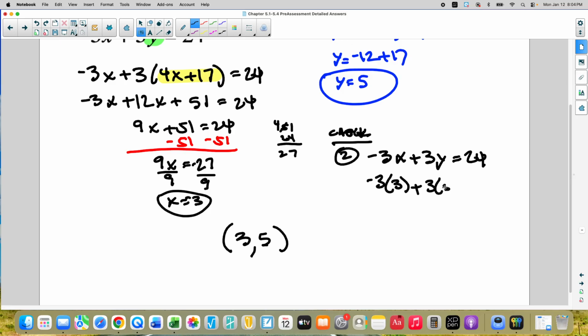Silly Mr. Mac. And that doesn't work either. What am I doing? Oh, negative. I forgot the negative multiple times. It's because it's not written very clear. Negative. Negative.